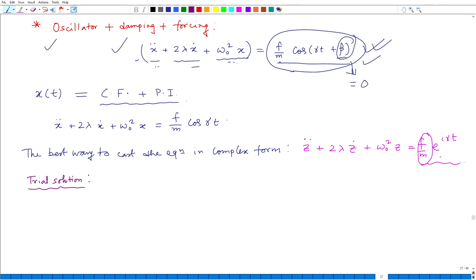We again trust our everyday experience, where every such forced motion finally follows the periodic nature of the force. Then we just try this solution and see what happens. z is equal to B times e to the power i gamma t, and this B is not necessarily real.